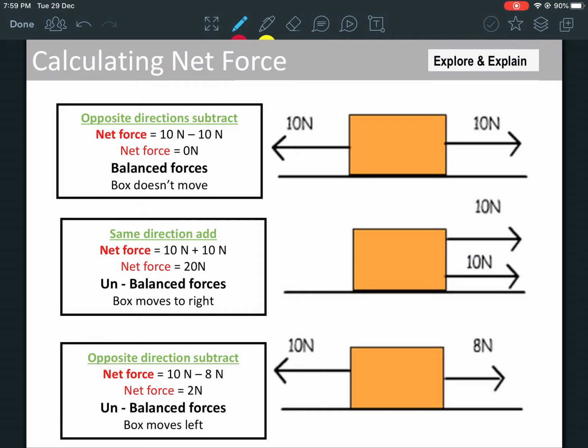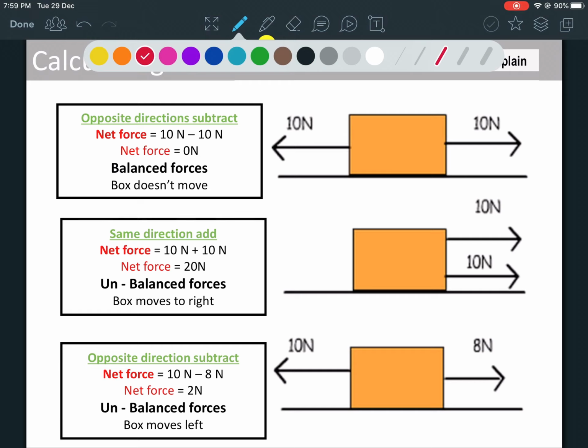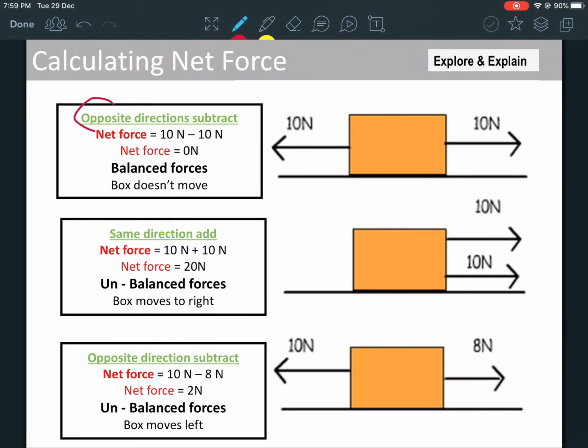So you have three types of calculation of net forces. You have opposite direction. Look at this. This is a box. There's a force pulling it this way and a force pulling it that way, so they're pulling it in opposite directions. It's pulling it this way with 10 newtons, and another force pulling it that way with 10 newtons. So the forces are equal here, and the net force would be 0.